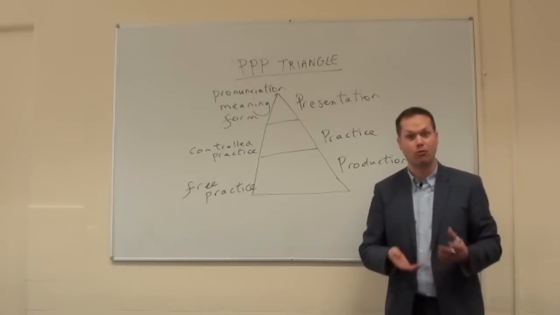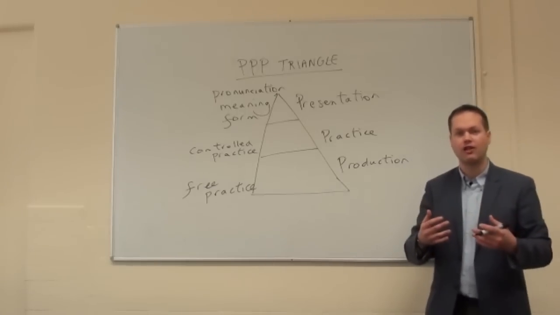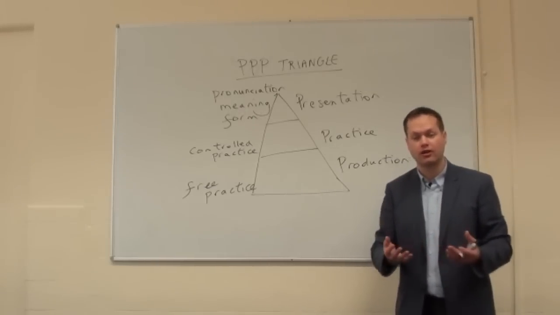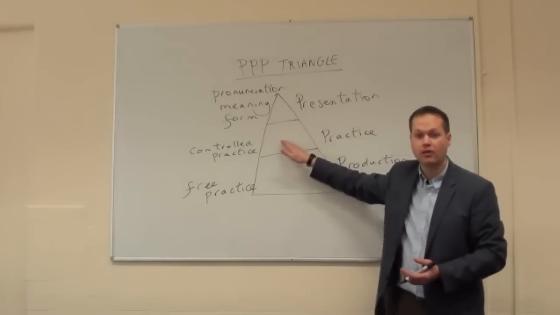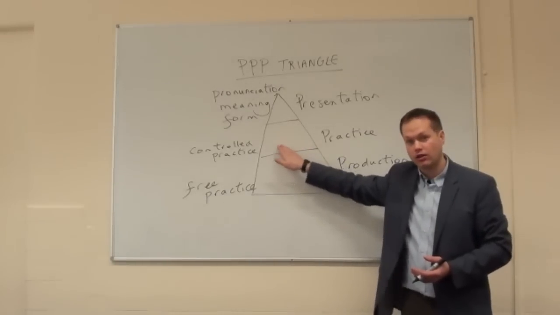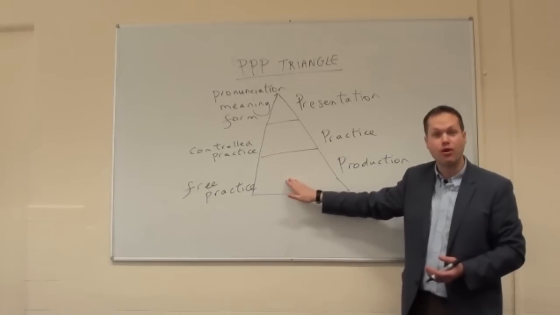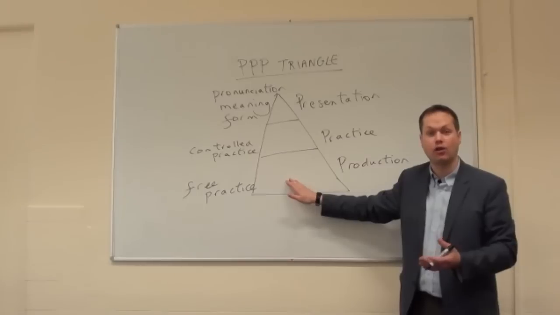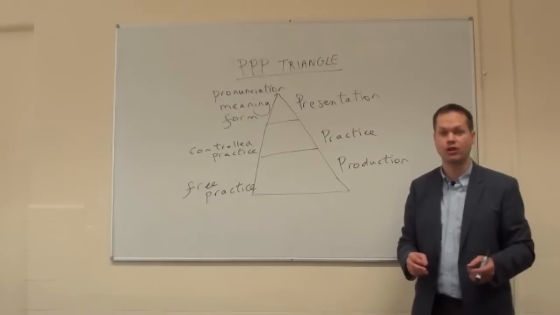The teacher will be there to monitor, to give support as necessary, but in a much less involved way. So it's more of a chance for the students to show that, yes, they've understood the language, they've had some practice, and they're using it quite accurately and well. They can then move on to using it themselves a lot more. So that gives them some freedom to use the language themselves.